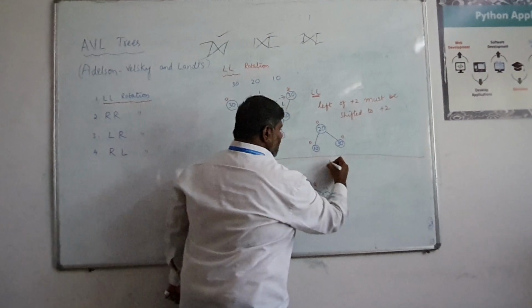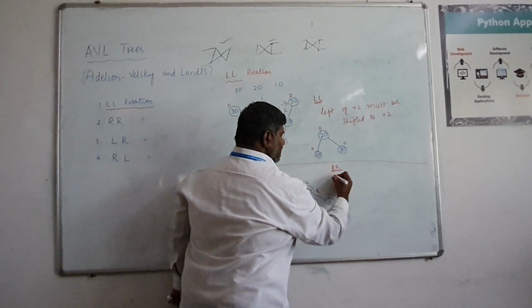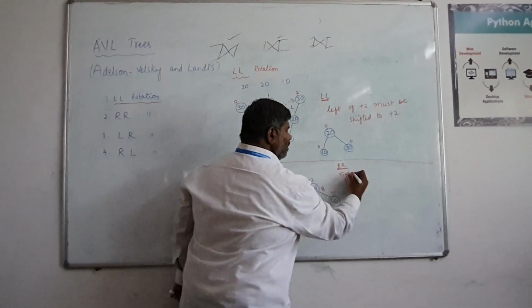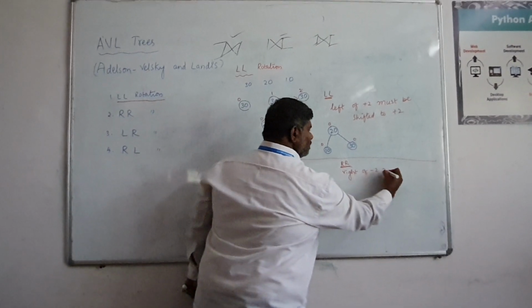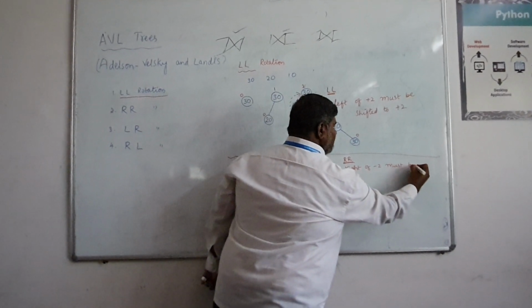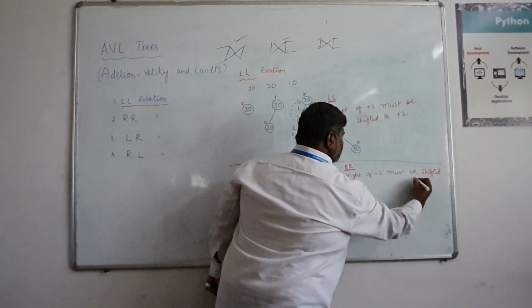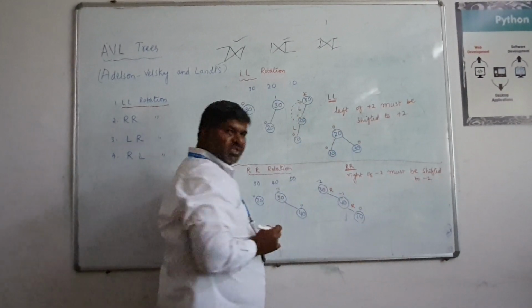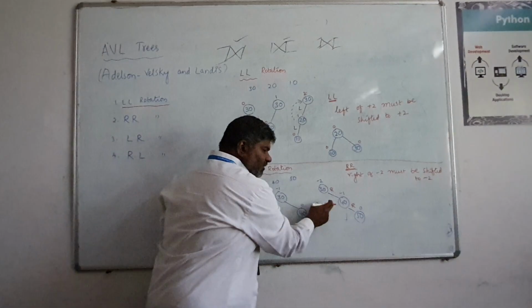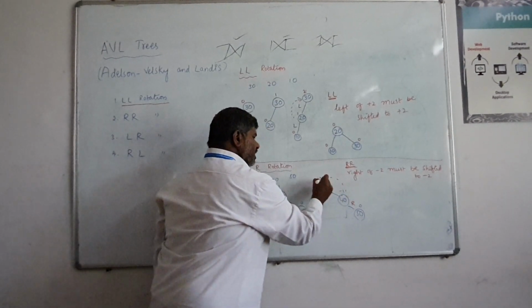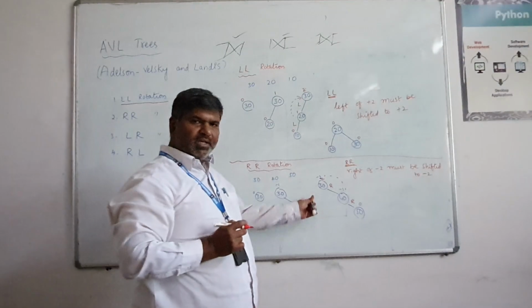So in RR rotation what we need to do here is right of minus 2 must be shifted to minus 2. What is right of minus 2? 40. So 40 will be placed here.